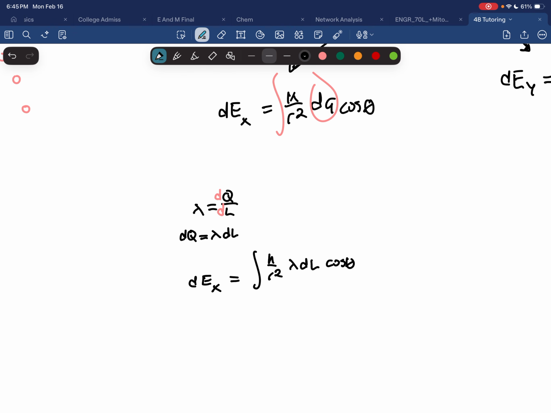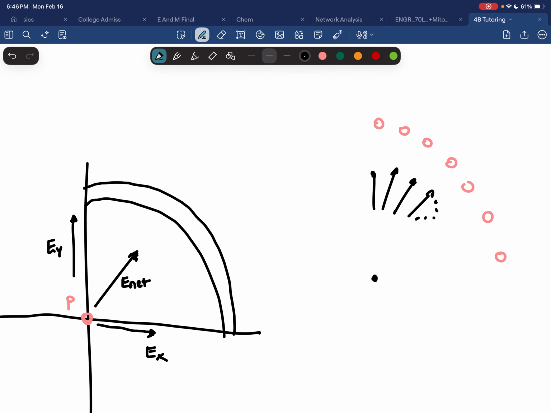Now from here you might be thinking we are done with our substitutions and we can integrate now. But not necessarily. We still are not done. That is because the direction of the electric field vector depends on the angle. In other words, dl only tells me I am moving along this arc of charges, right? I'm summing along this charge, from whatever this point is to whatever this point is.